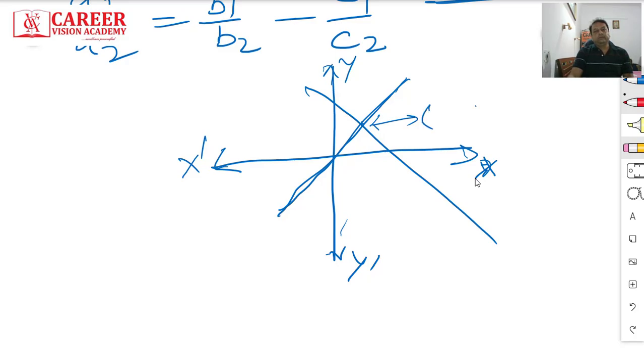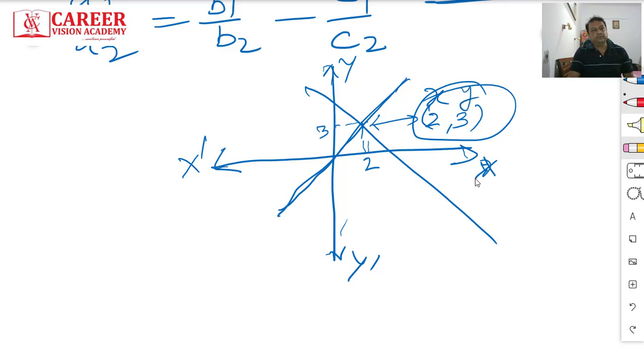And the coordinates we find, say if this is 2 and here we have 3, the coordinates will be (2, 3). So this is the solution. That means x is equal to 2 and y is equal to 3 is the solution of these two equations. This is how we find it graphically.